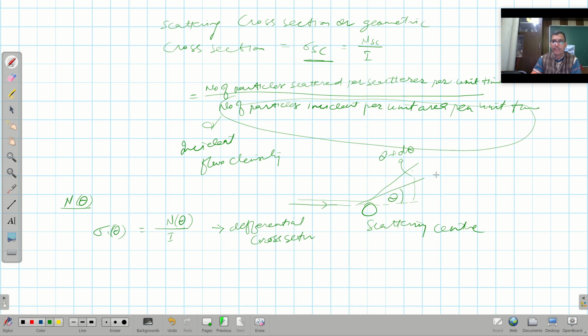Suppose a few particles are scattered through an angle theta plus d theta, then it will make an annular ring here, and this small region making an angle d omega is known as the solid angle.